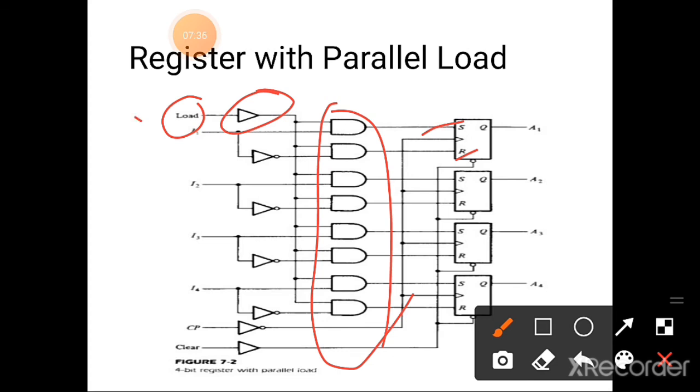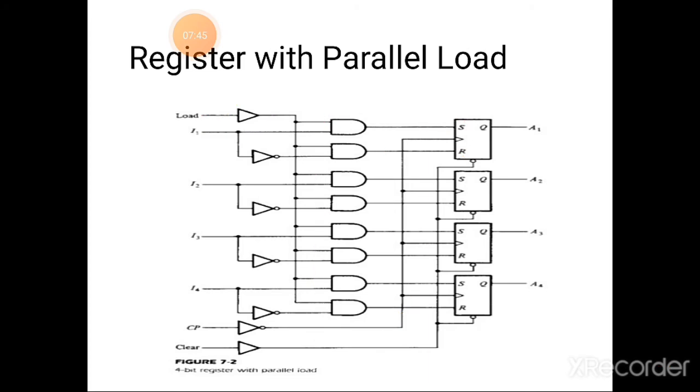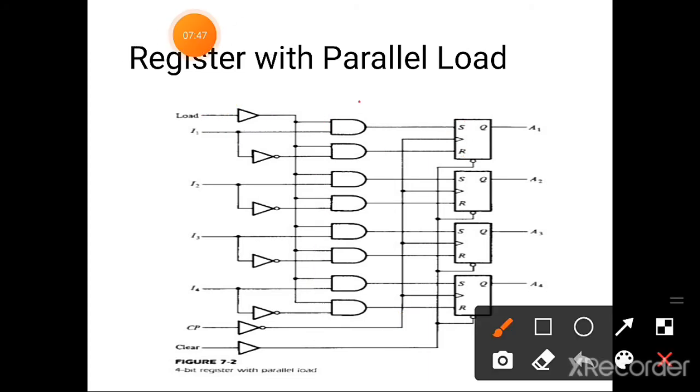Here we can see there are two AND gates, and an inverter associated with each input I, which determines the value of S and R.